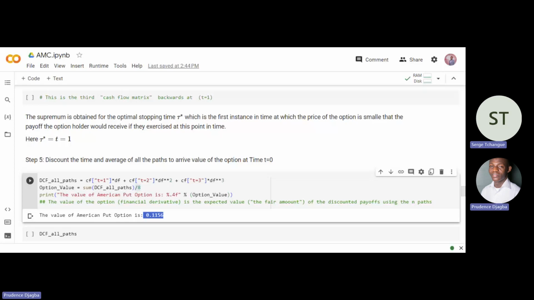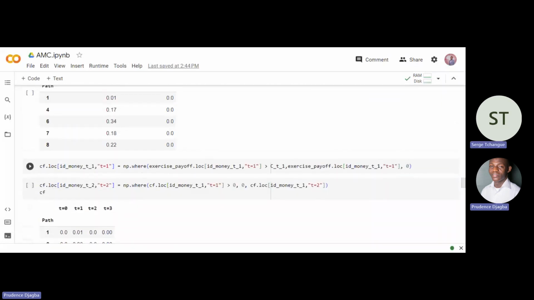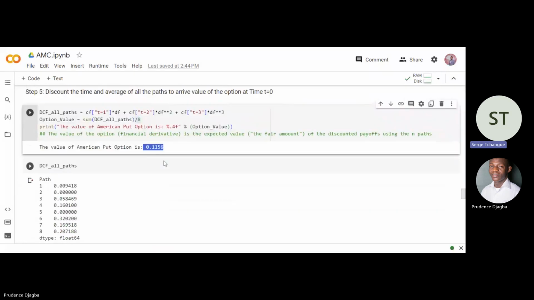So again you need to do another regression between the possible value of the stock and the value in 1 year, so you get the value today. So that means in total we have 4 cash flow matrices and 3 regressions. Yes, you need three regressions. Okay.